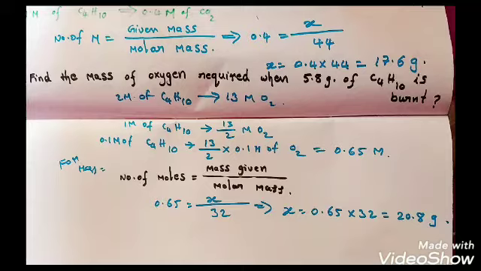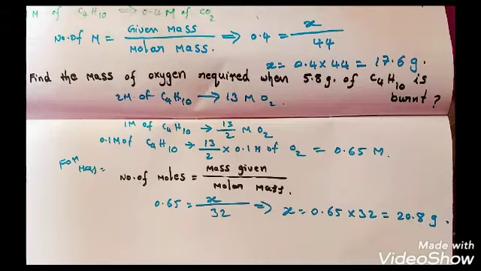So if you take 1 mole of butane, then obviously 13 by 2 moles of oxygen can be used for the burning process. For 0.1 mole of butane, 13 by 2 into 0.1 mole of O2 can be used. That means how much, students? 0.65 moles. This amount of O2 will be consumed for 0.1 mole of C4H10.